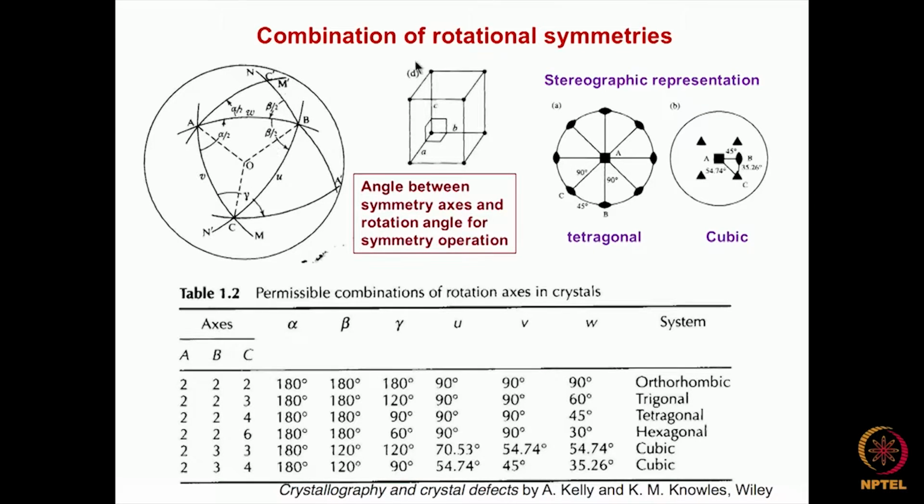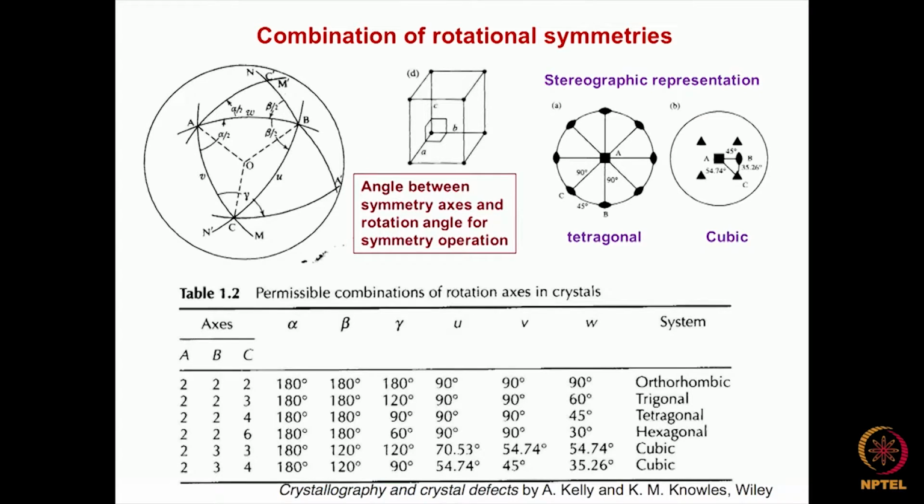So if I take 2 and 2, and then in some other direction I find a twofold rotation, then between the axes which have twofold rotation, each of them taken two at a time, we find the angle between them is 90 degrees, and that structure is orthorhombic.